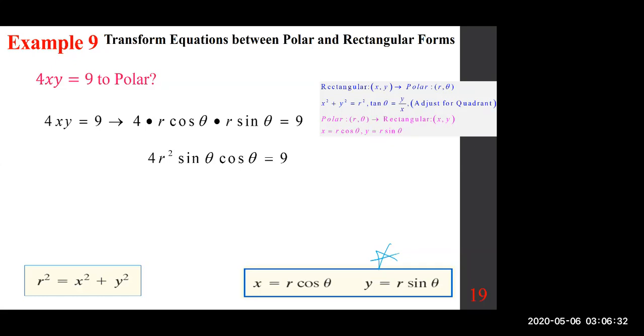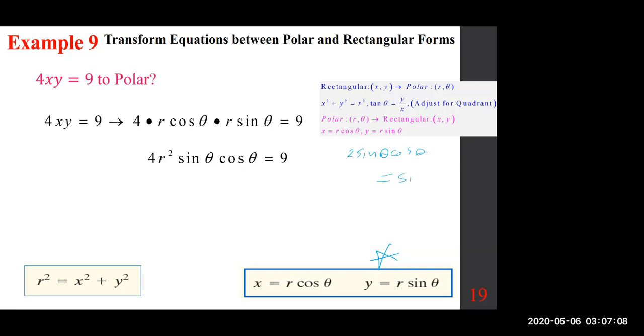Now, normally, if possible, we don't like to have sine and cosine, okay? We like to have only one of them. And I hope everybody remembers the identity: 2 sine theta cosine theta equals what? Anybody? What was it equal to?